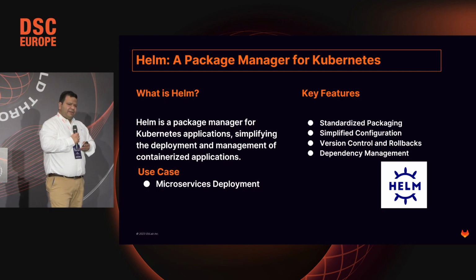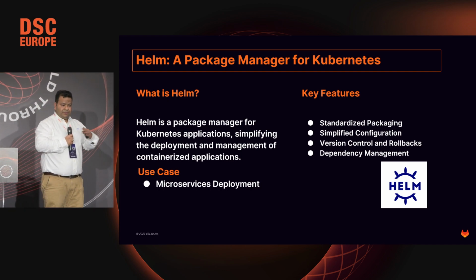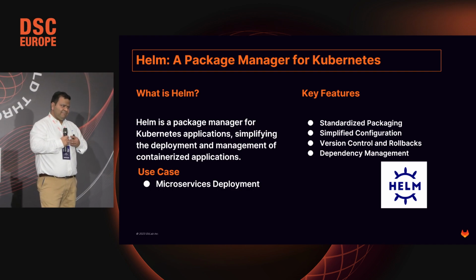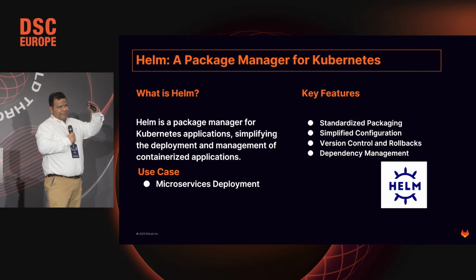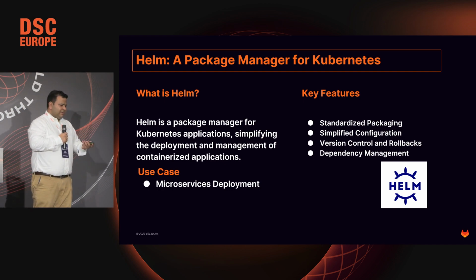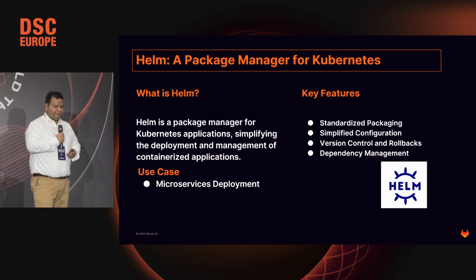And then the dependency management of the packages. You need to install the database first, then the sidecars, then the web server, then the scheduler. This is all taken care of by Helm rather than us. If I had to do it using Terraform and just kubectl, I would have to ensure that everything goes in order, otherwise it will go haywire and not work as expected. So the use case is microservice deployment. In this case, we are using it for Airflow.